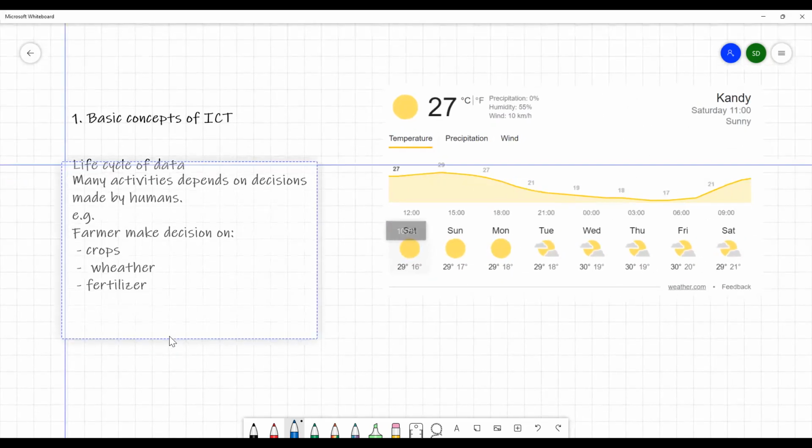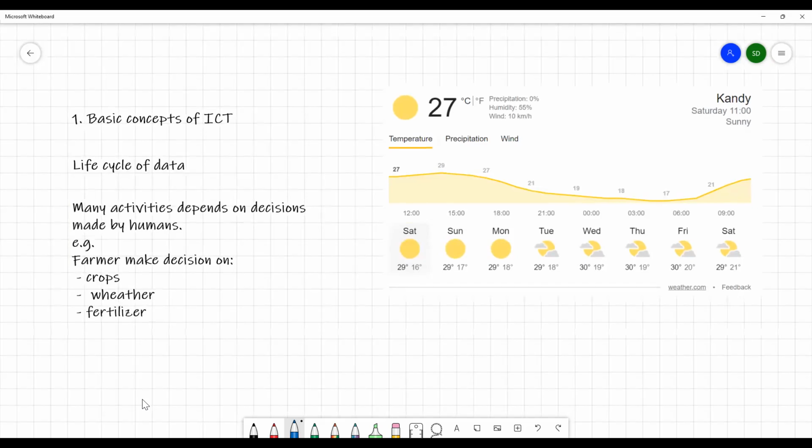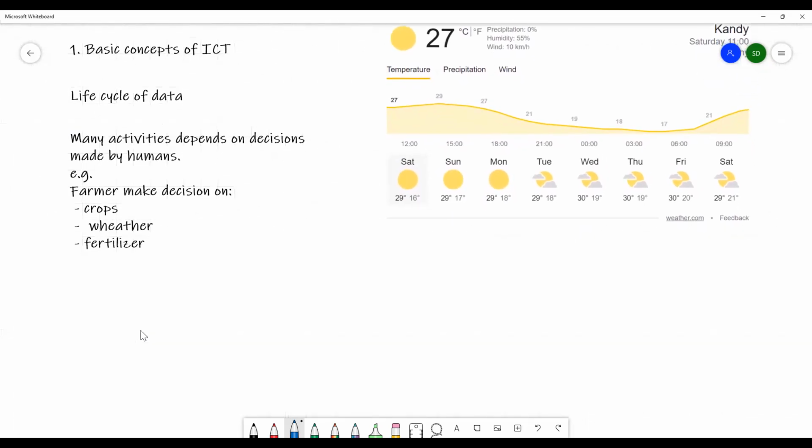So now people make different decisions on different things.